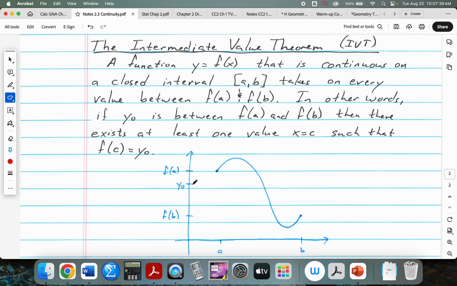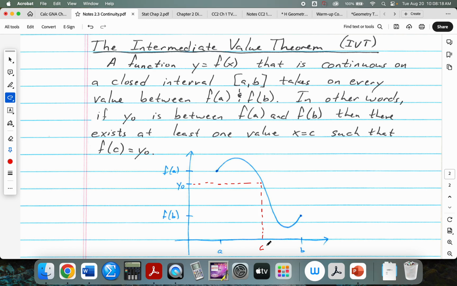So in this case, there's only one, and it's here, where f of c is equal to y sub 0. Now, is it possible that it could happen more than once? Yeah, like if you do the temperature example, let's say that late this afternoon before I get home, a thunderstorm comes through, drops the temperature 15 degrees, and then, as it frequently does here, it comes right back up to where it was.